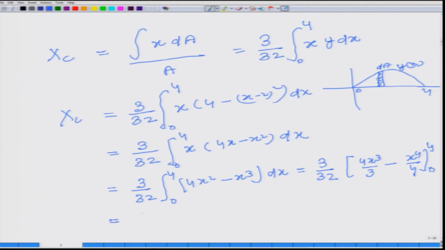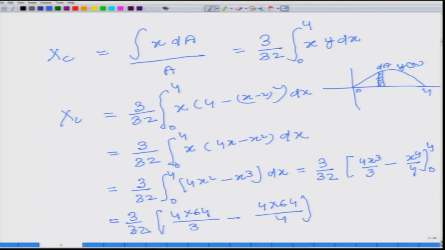So, this is equal to 3 by 32 times (4 times 64 by 3 minus 4 times 64 by 4), right.